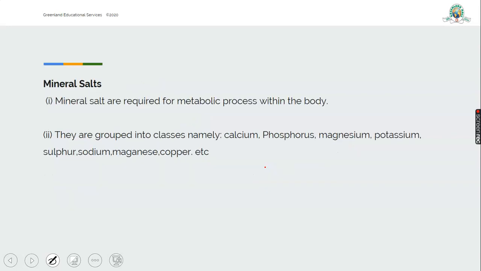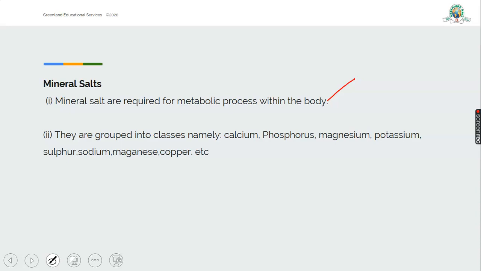Mineral salts, one of the important classes of food. The mineral salts are required for metabolic activities within the body, such as digestion. All food should contain mineral salts.